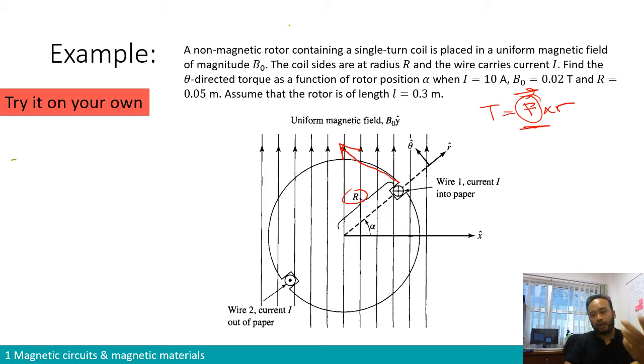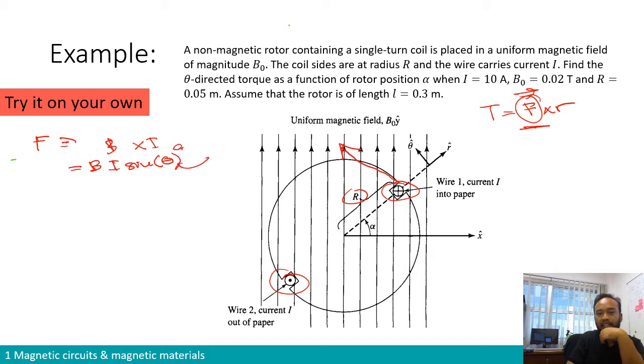How many forces can we find on the rotor? We know there are two conductors, so there will be two forces. What does the Lorentz law say? The force on a current carrying conductor equals B vectorial product with I, which is B I sine theta, with theta the angle between B and I, right?